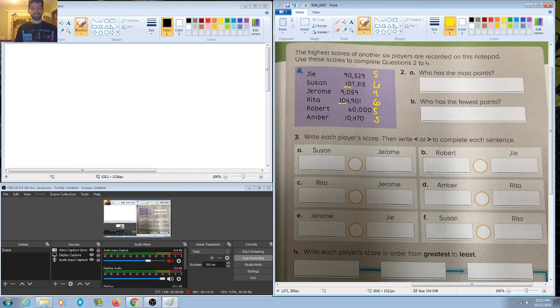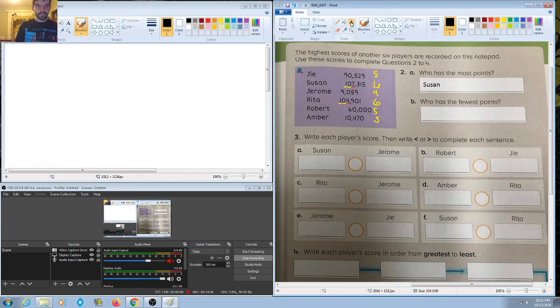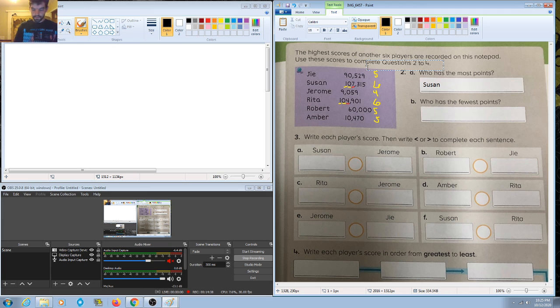So we have to go to the thousandth place, and we'll see that 7 is higher than 4, so Susan got the highest score, because her value of 7 in the thousandth place represents 7,000, which is greater than Rita's 4 in the thousandth place, representing 4,000. So 7,000 is greater than 4,000. Okay, I'm actually going to highlight this really quick with the word digits.